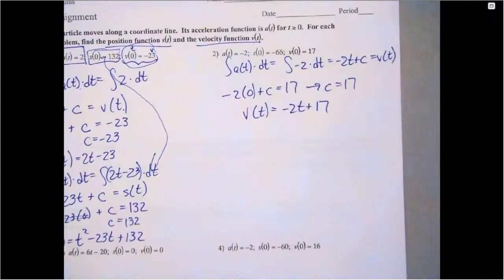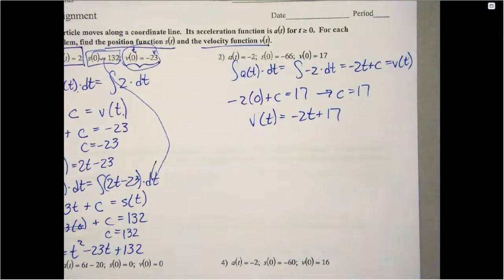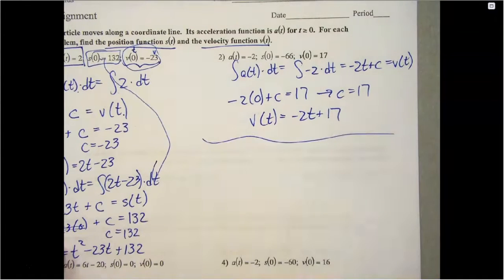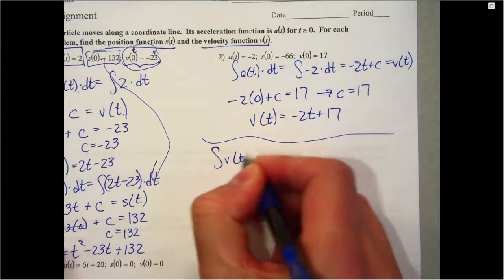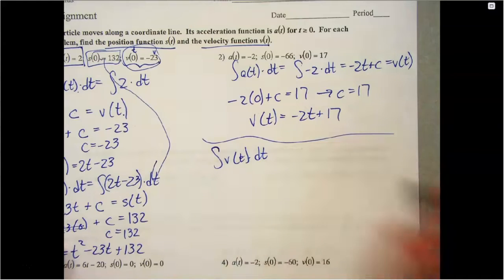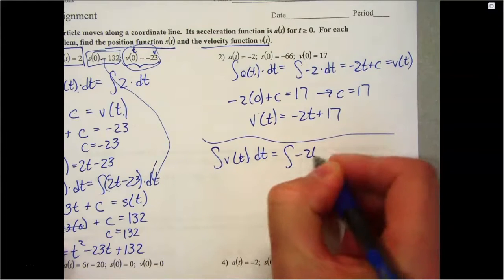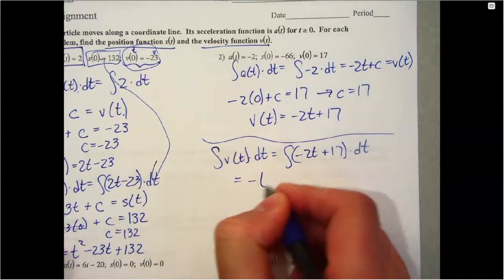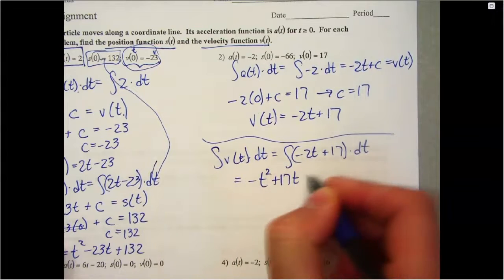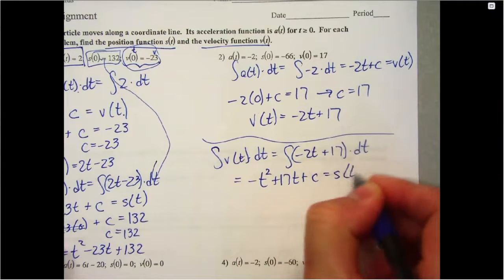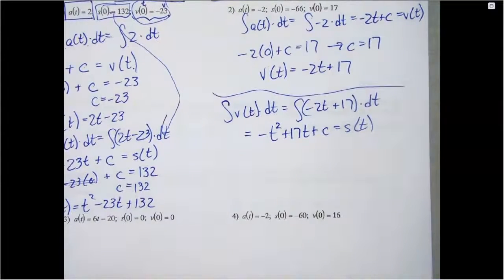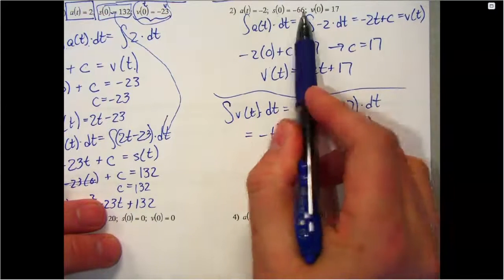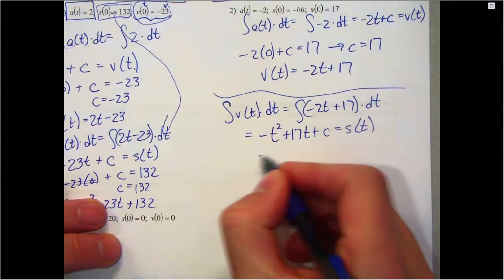There's v of t for the first one. Second one. I got it right. And then I would integrate that to get s of t. Plug in v0 and v negative 66.